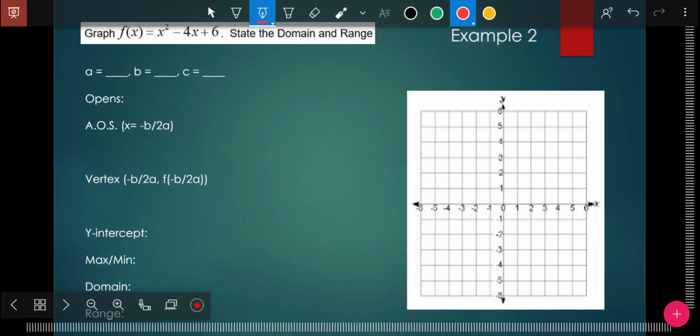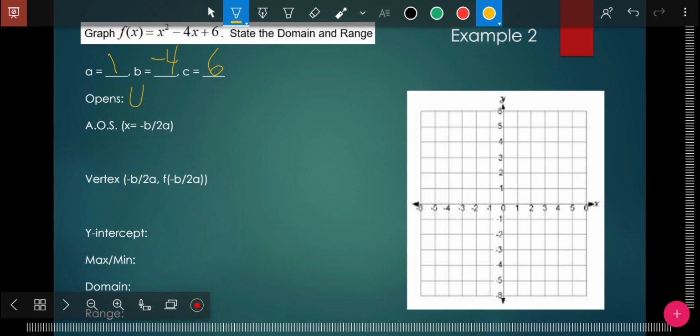Let's look at another example. What is the A, B, and C? A is 1, B is -4, C is 6. Does it open up or down? A is positive.